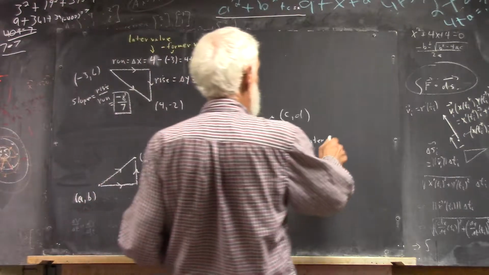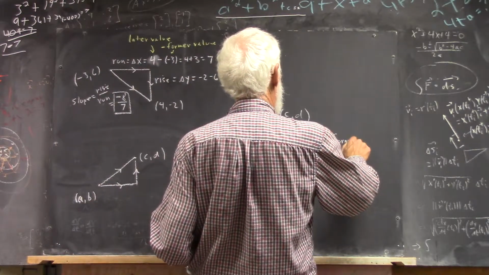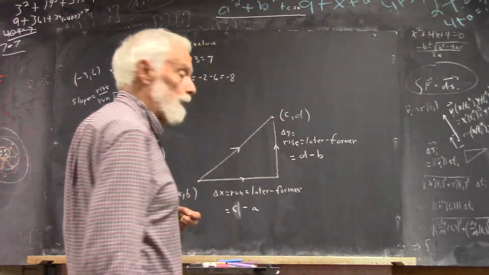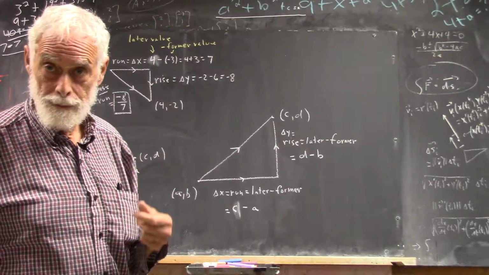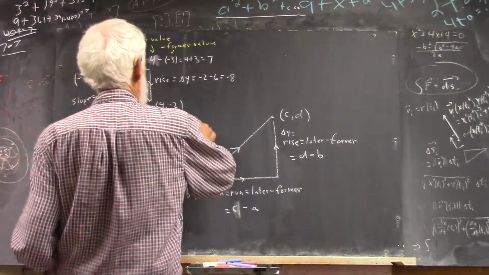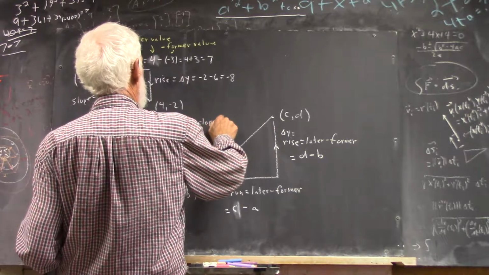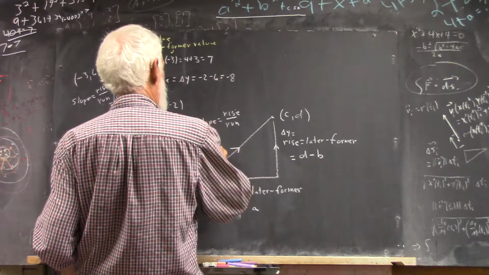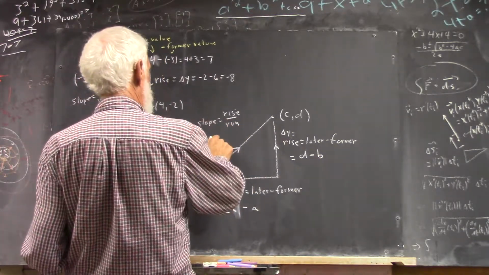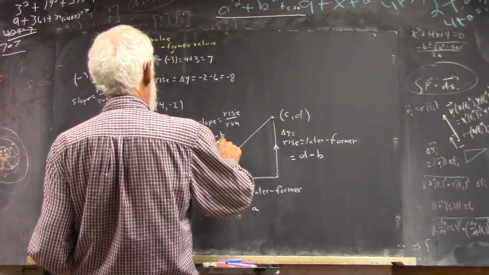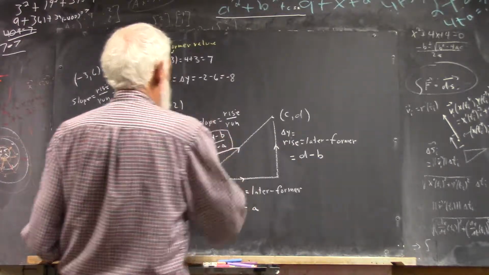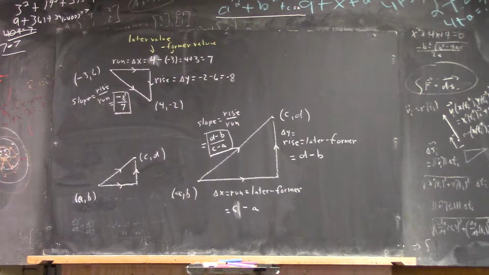Rise is later minus former, equals C minus B. And slope is this.